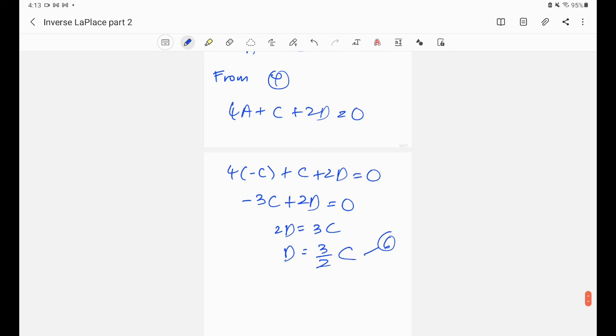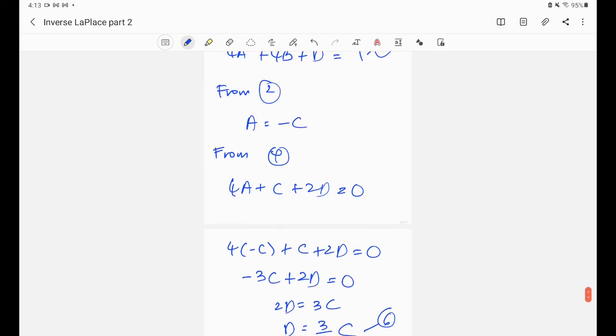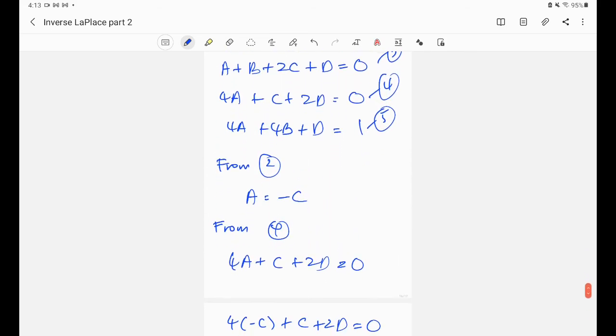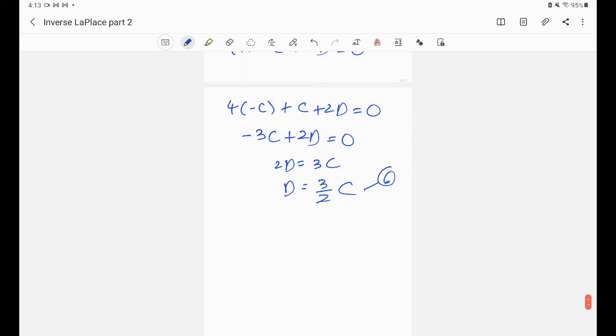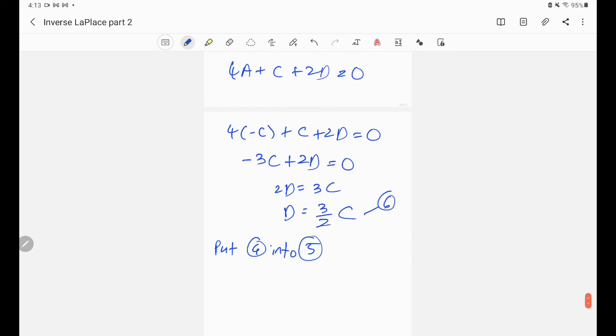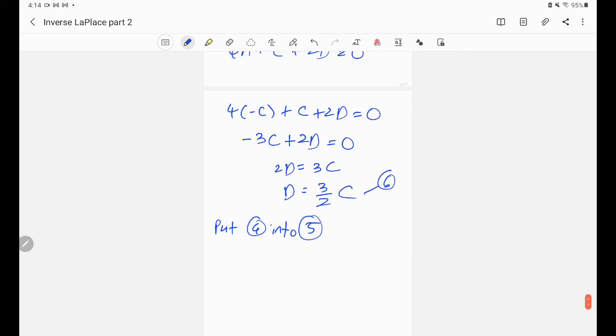So we put 6 into 5. And then we will get 4 times negative C plus 4B plus D, which is now 3 over 2 C, equals to 1.